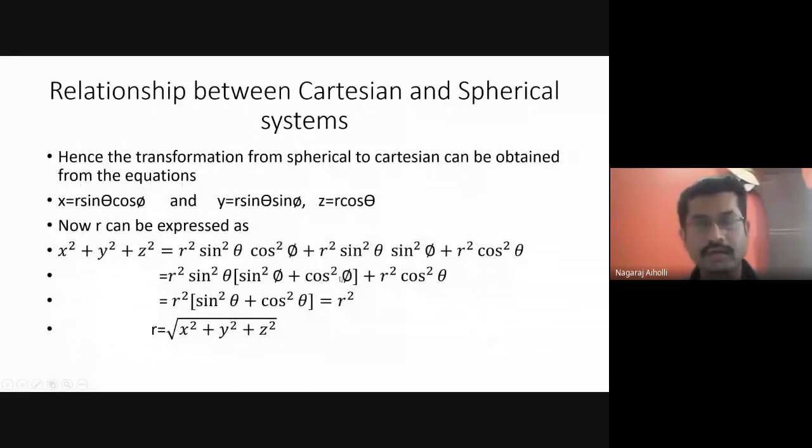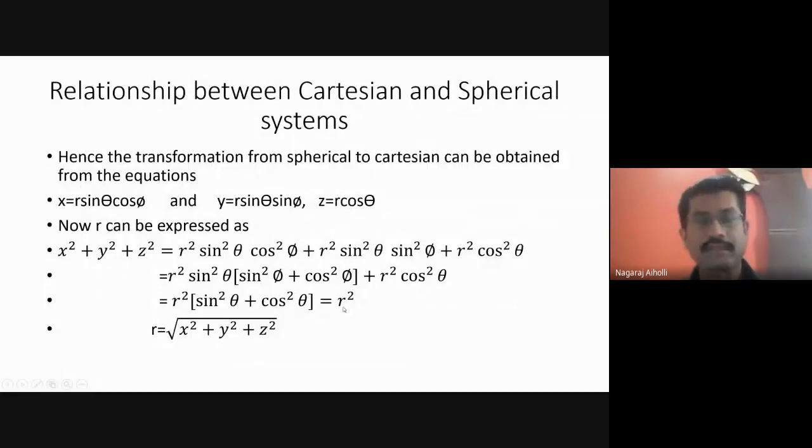Therefore, we get r square sin square theta into 1 plus r square cos square theta. Again, r square is common: r square into sin square theta plus cos square theta. Sin square theta plus cos square theta is 1, so it is equal to simply r square.